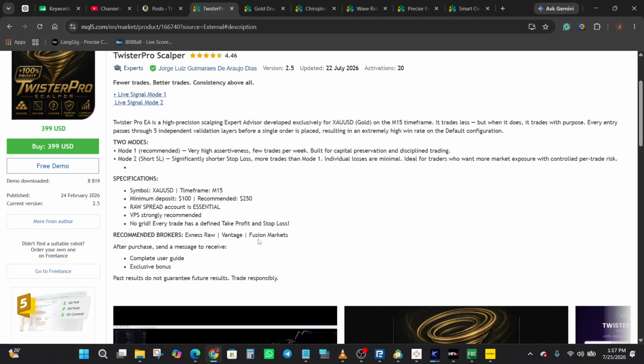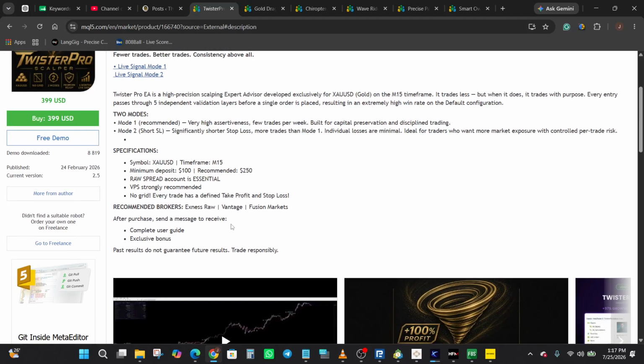Importantly, it is stated that there is no greed involved. Every trade carries its own defined take profit and stop loss. The developer also recommends a few specific brokers known for raw spread conditions and offers a user guide and bonus after purchase. Now, let us get into the historical testing.